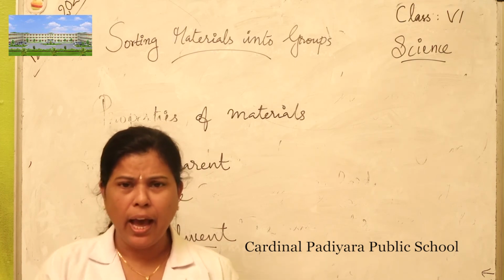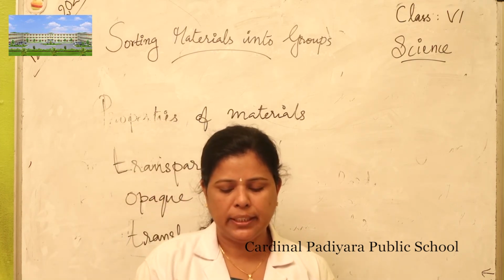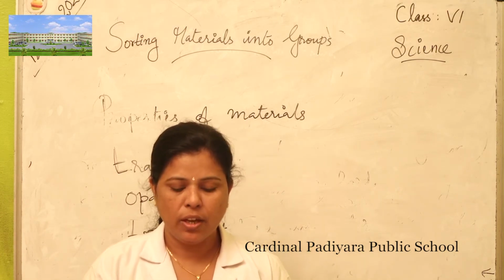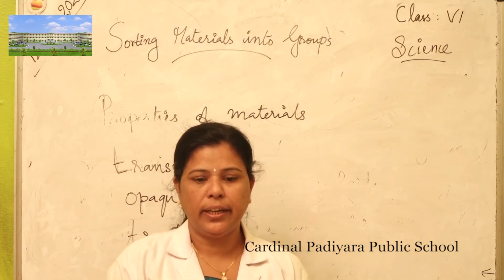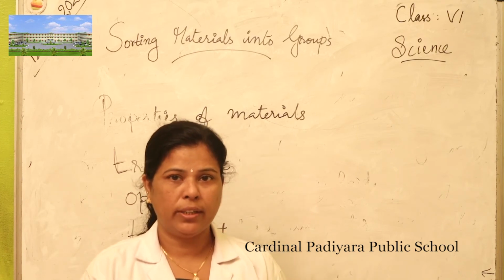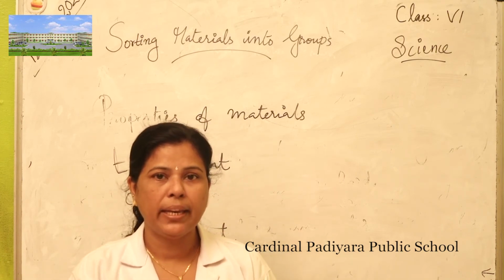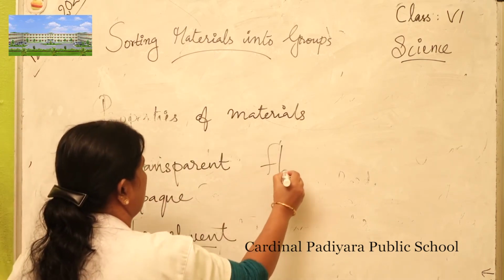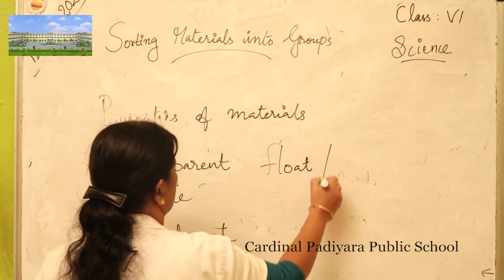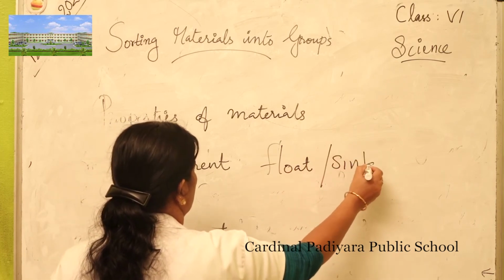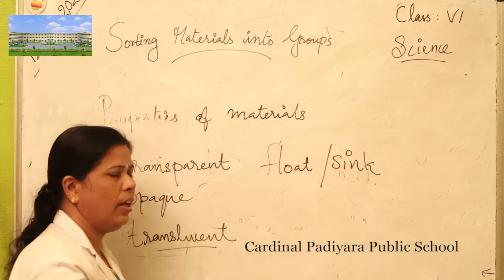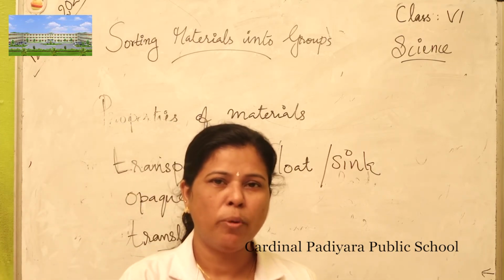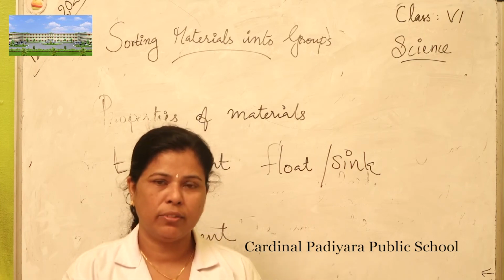Then another property of materials: some materials or objects may float on water, but some materials sink in water. Float or sink. When we put a small piece of wood in a glass of water, what happens?